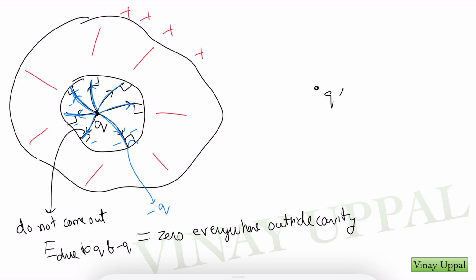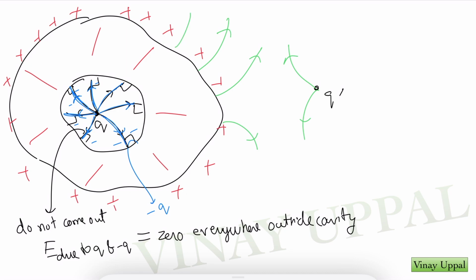And there may be some charges on the outer surface that may be induced depending on whether the conductor is neutral or whether it had some charge originally. And the field lines due to the outer surface and Q dash, those field lines are represented by these green field lines.